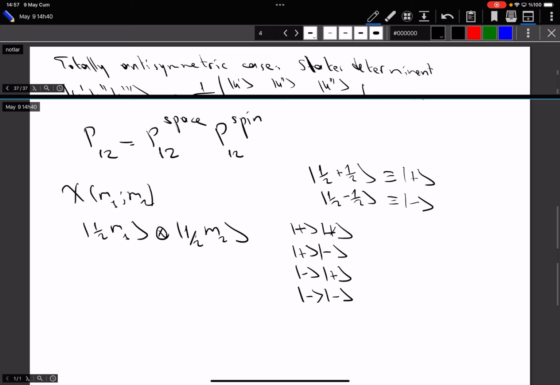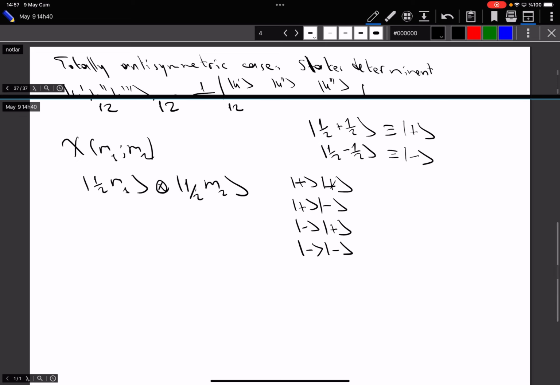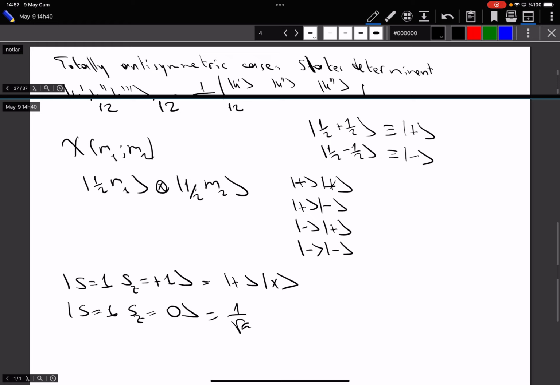Of course, the middle two at least are not eigenstates of total spin. So we have the total spin can be 1, and z component can be plus 1. This is the plus plus state. Then we have S equal to 1, Sz equal to 0. This will be 1 over square root of 2, plus minus plus minus plus state.